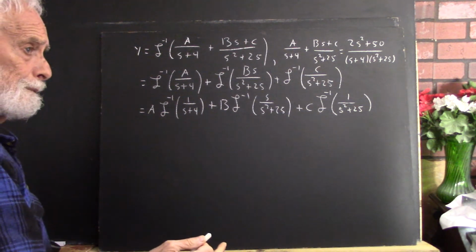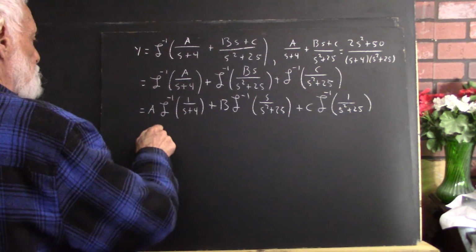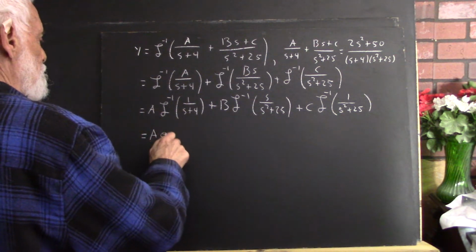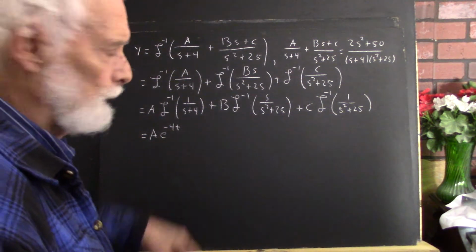Well, I can write this one down easily. That's A times e to the negative 4t, whatever A turns out to be.